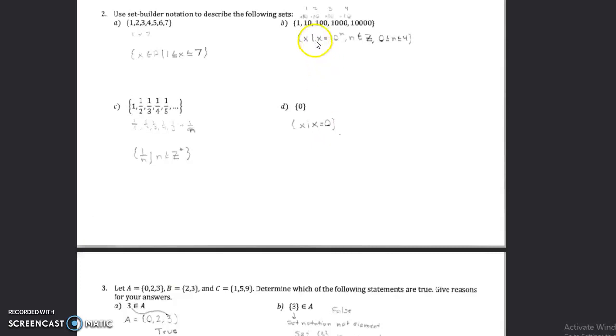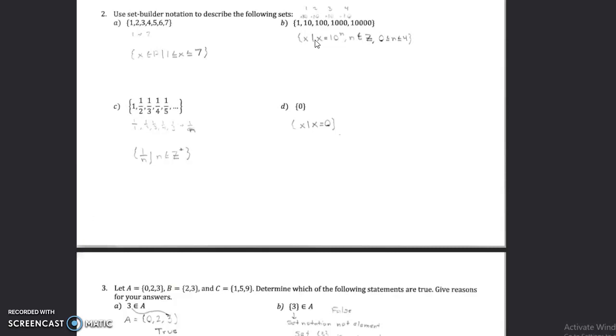Moving on to B, this one's a little bit trickier. You can see that it increases by a factor of 10 every single time. So we have 1, 10, 100, 1,000, and 10,000. And then I just counted how many times we multiplied by 10. So 1, 2, 3, 4. So we have a number x.